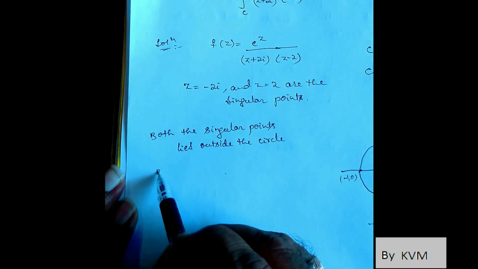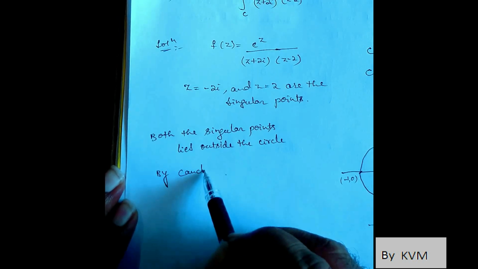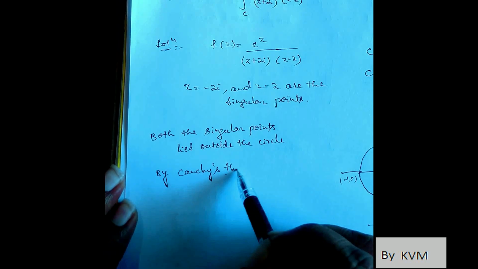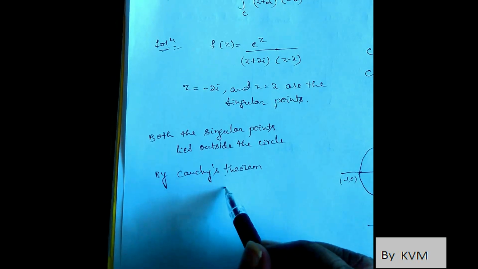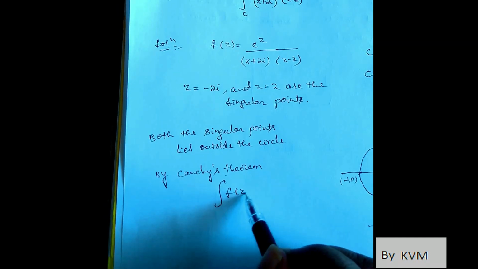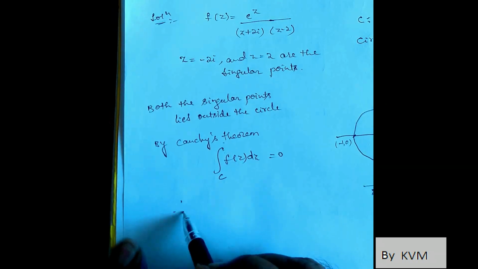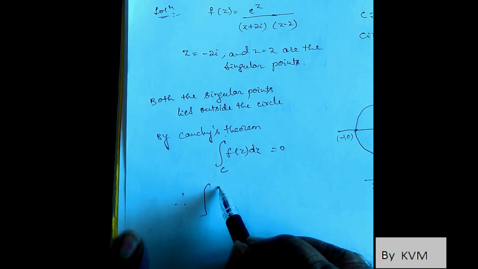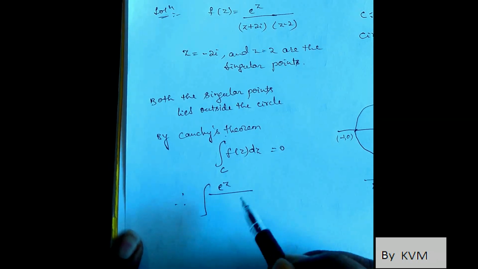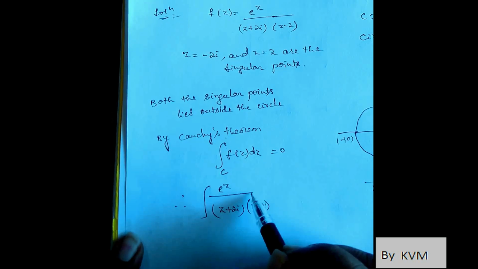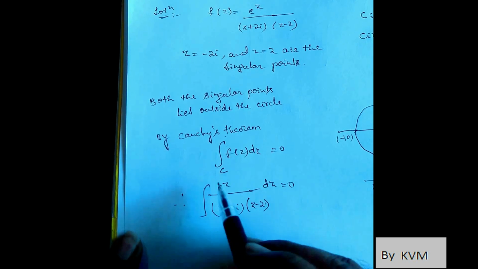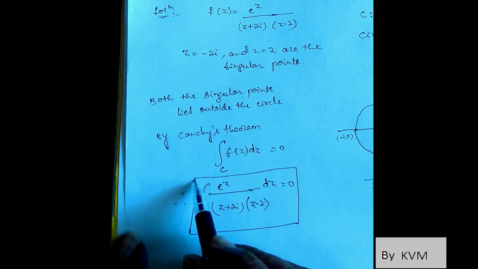So by Cauchy's theorem, integral f of z dz over c is 0. Therefore, integral of e power z by z plus 2i into z minus 2 dz is 0. So the value of this integral is 0.